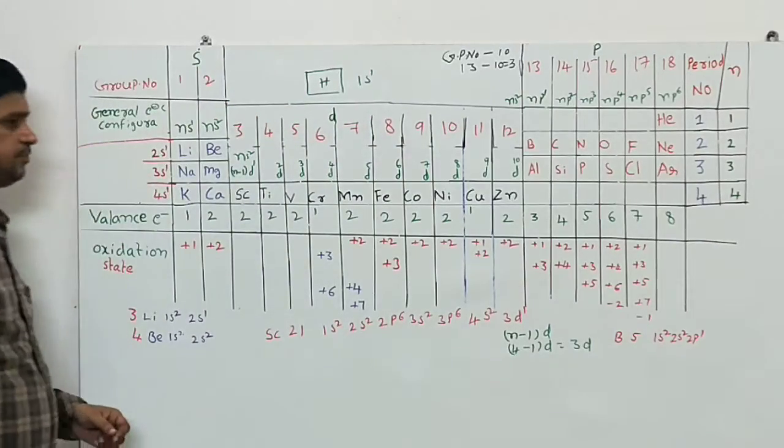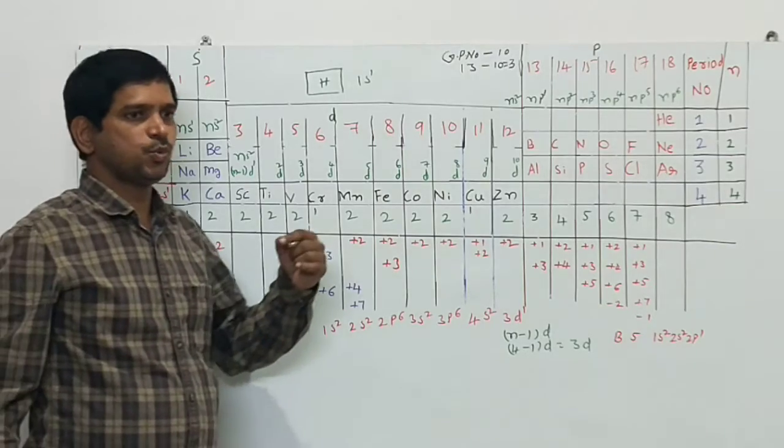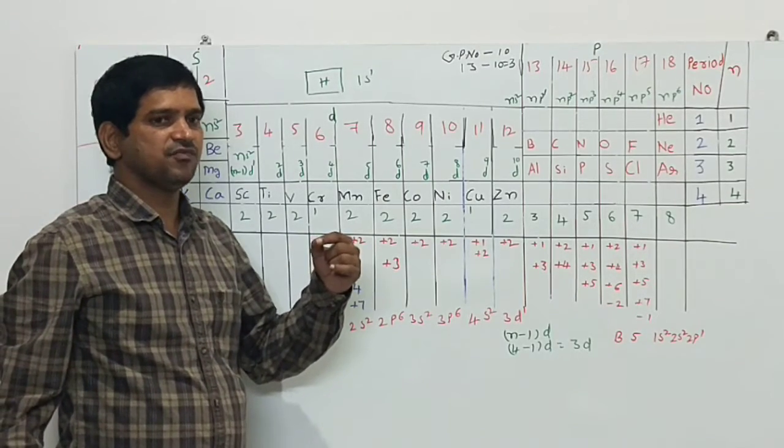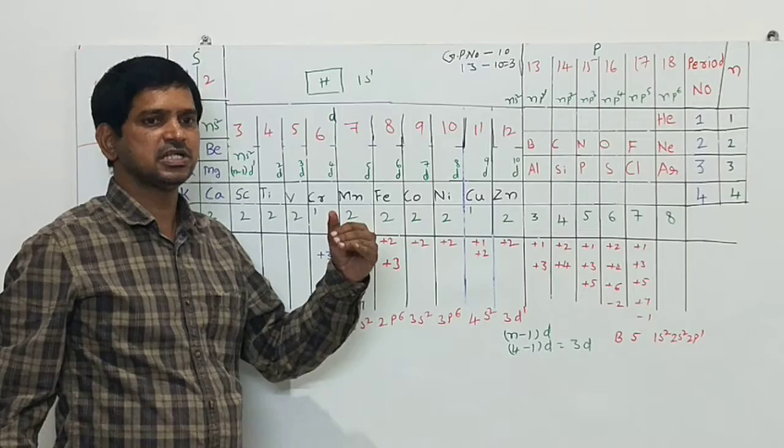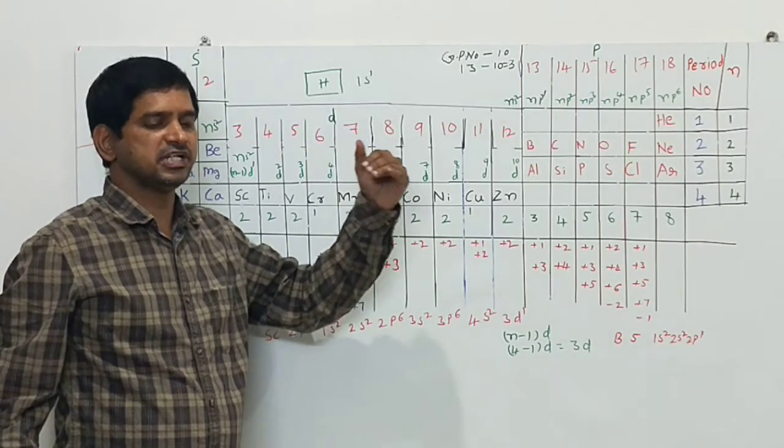Okay, first, the differentiating electron is the electron which enters last into an element.